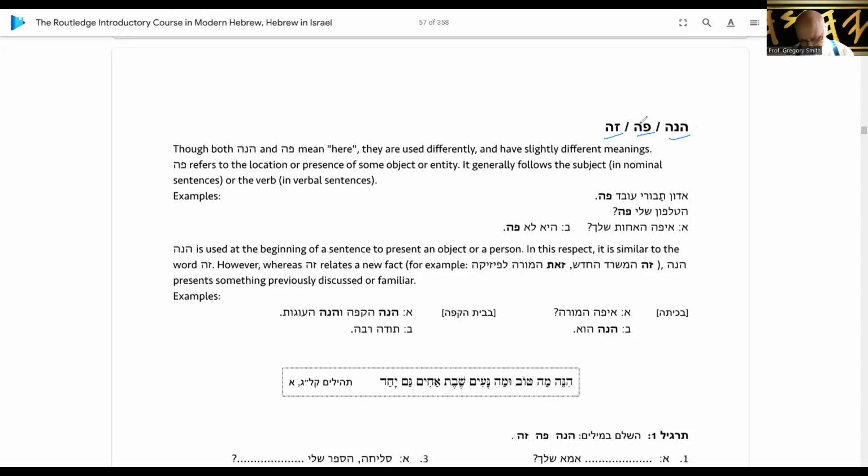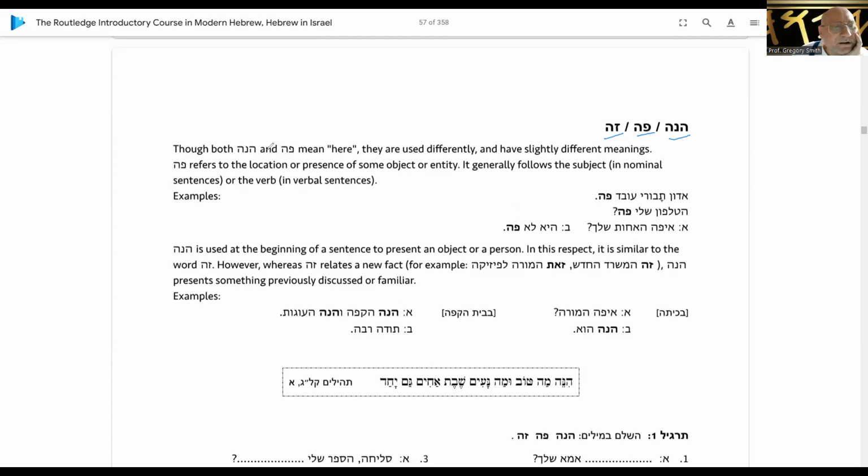Now that I think of it, but it does show up as a proper name. Hannah. And we have Po, I think means here. Yeah. פה. Yeah, that's right. And then Zeh means this.